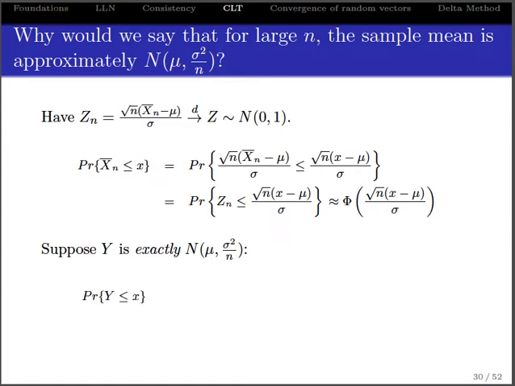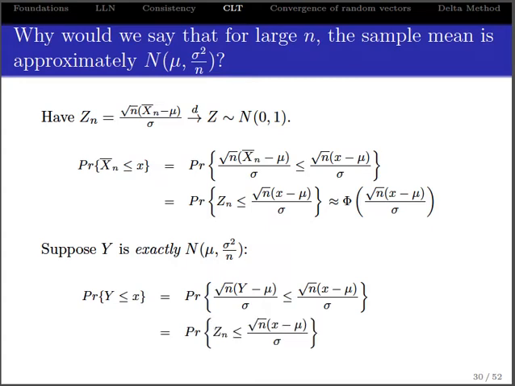Then the probability that Y is less than or equal to x, I'll do exactly the same machinations: subtract mu, multiply by the square root of n, and divide by sigma. That's the probability that Zn is less than the square root of n times (x minus mu) over sigma. It's the same probability we had there, and that's not approximate.